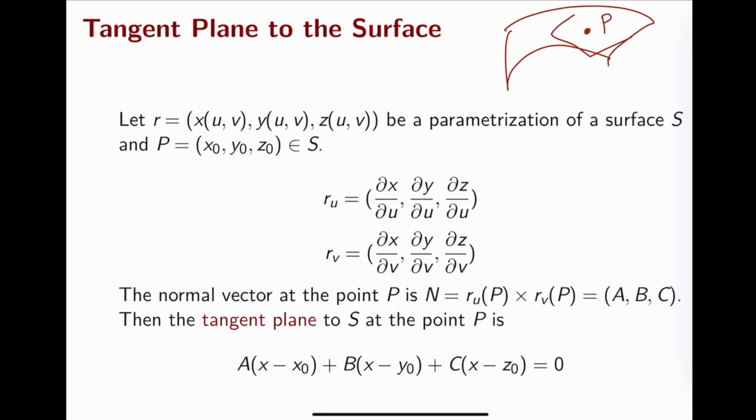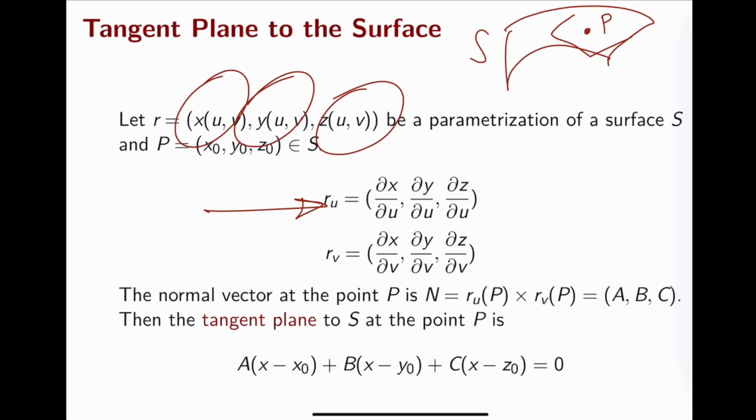In order to do this, we need first the parametrization of the surface S and the given point where we want to calculate the tangent plane, and we are going to calculate what we are going to call r_u and r_v. This is going to be the vector of the derivatives of each of the components of the parametrization, in this case with respect to u, and in this case with respect to v.